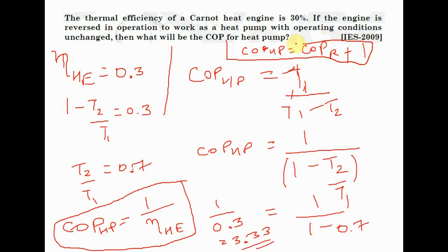This is another equation that I have already derived in one of my other videos. If you want to see the proof, you can go into the description of the video, you will find the direct link. So if the question asks for the COP of refrigerator, you find COP of heat pump, that is 1 upon efficiency of heat engine, and you subtract 1, and you will get COP of refrigerator. I hope this is clear.